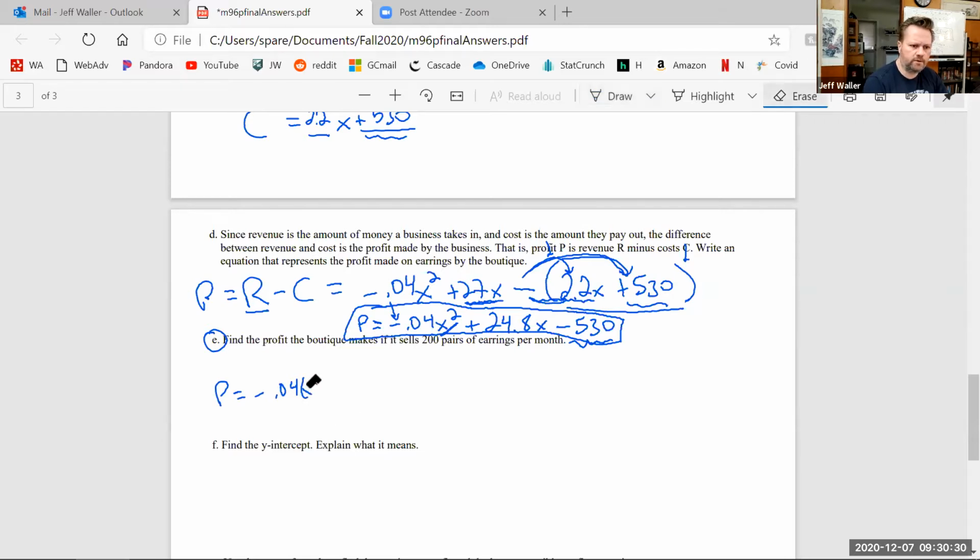My numbers are gross, but you know, I'm just going to throw this in the old calculator. Negative 0.04 times 200 squared plus 24.8 times 200 minus 530. Oh, let's see. Can you do that in your head, Jeff?